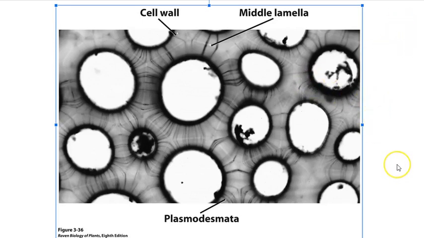But that cell eventually dies, and so its plasma membrane goes away. It no longer has this living cytoplasmic connection to the cells around it. But that's part of how these dead cells continue to function and form, because they can be fed from cells on the outside through a plasmodesma.